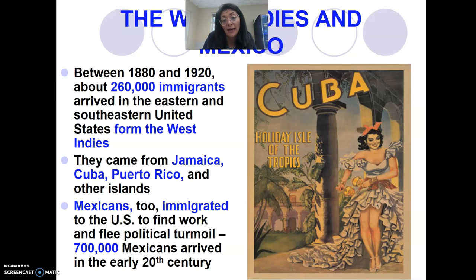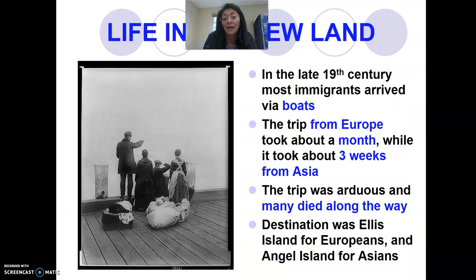The Reclamation Act allows irrigation systems to be put in place in arid and dry places out in the West, and so this brings in Mexican laborers working in farming in the American Southwest. So 7% of Mexico's population, we're talking about 700,000 Mexicans, come into the United States in the early part of the 20th century.